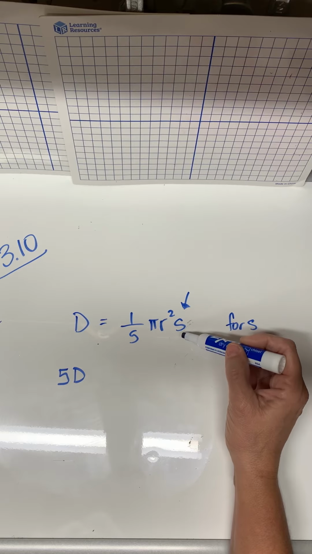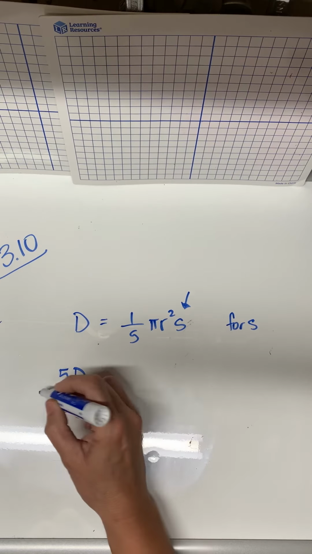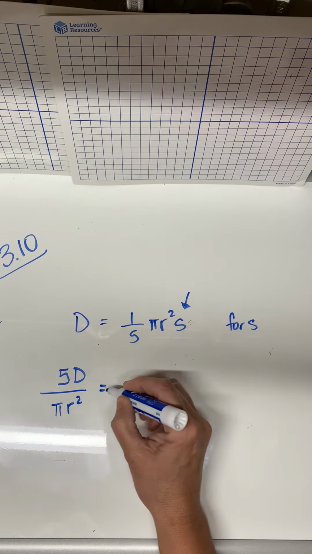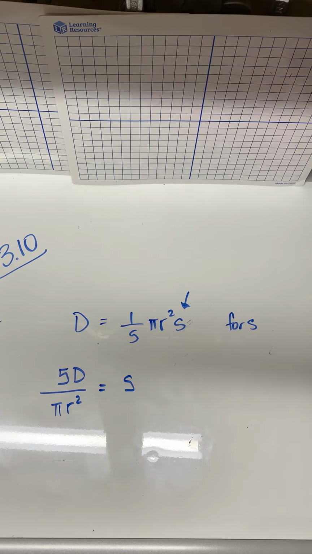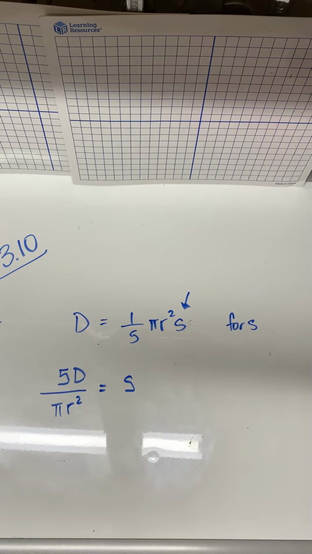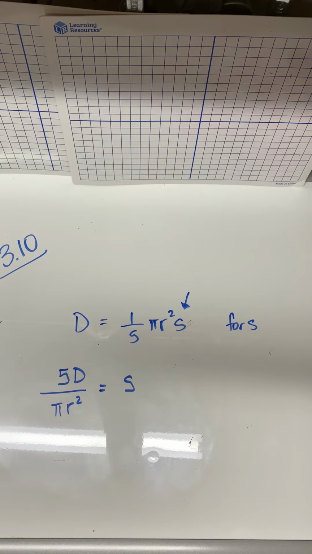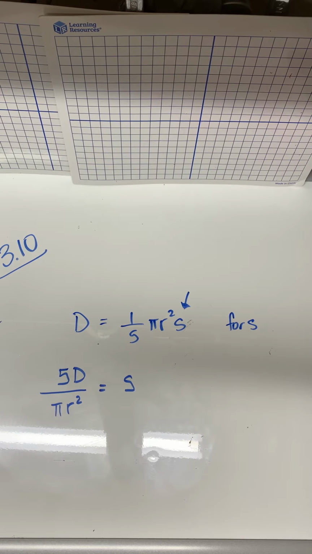The opposite of multiplication is division, so they will be divided on both sides. They would disappear over on this side and end up down on that side. So hopefully that wasn't too confusing. If it is, then feel free to ask.